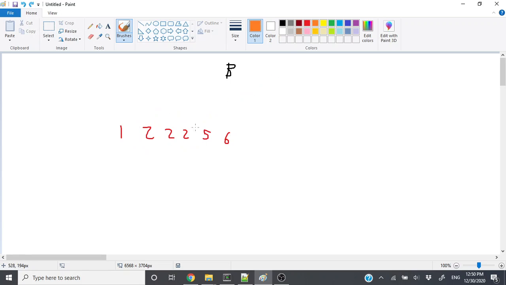Because given that we have multiple 2's, if we increase one of these, we're still going to have this 2. So if we increase something that has multiple occurrences, as long as we don't increase all of the occurrences, then we won't lose anything. But since we get a new number, we might actually gain something.